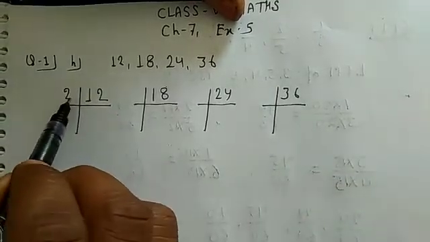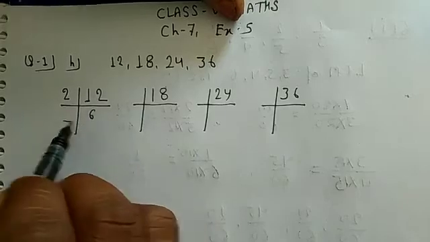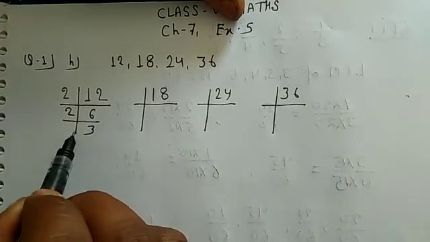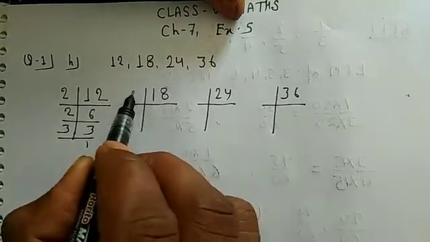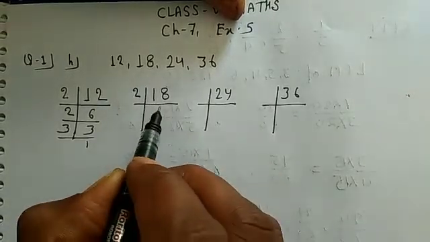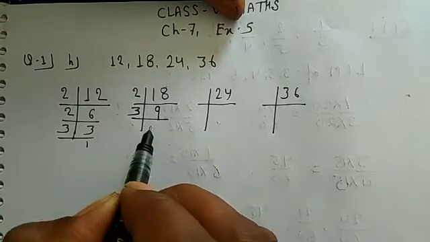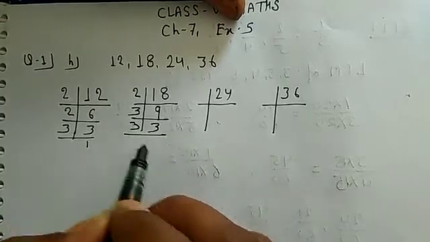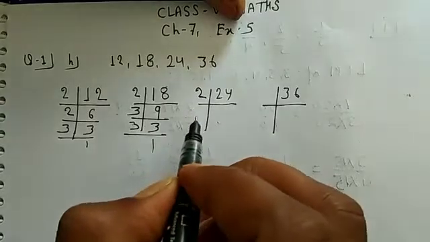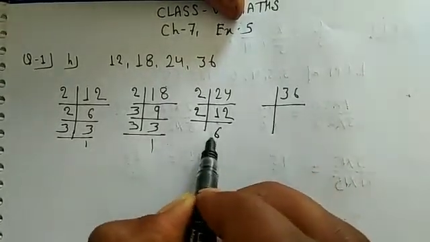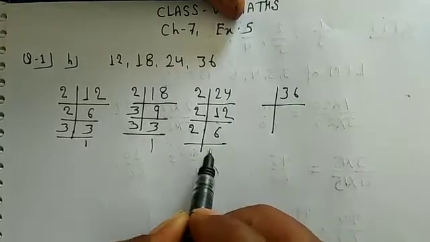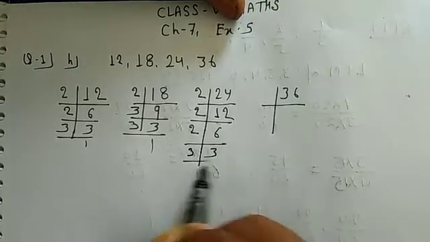12 is an even number, divisible by 2, 6 times; divisible by 2 again, 3 times; divide by 3, 3 ones are 3. That is 18 will be divided by 2, 9 twos are 18; 3 threes are 9; 3 ones are 3. 24 divided by 2, 2 ones are 2, 2 twos are 4, 2 sixes are 12, 2 threes are 6, 3 ones are 3.